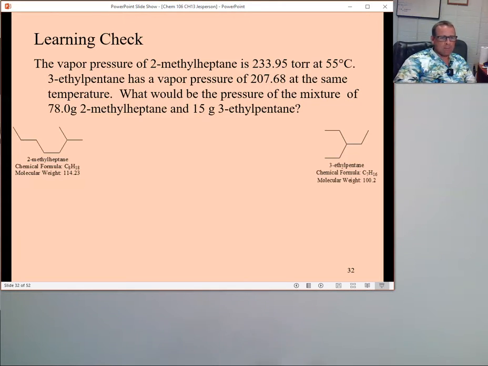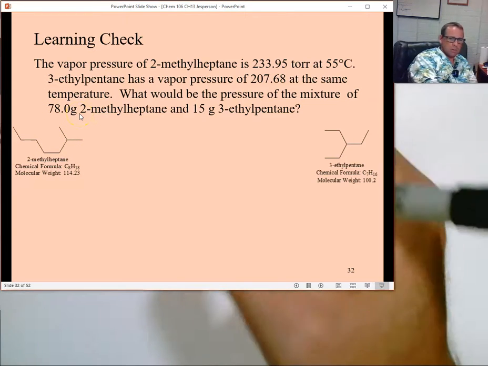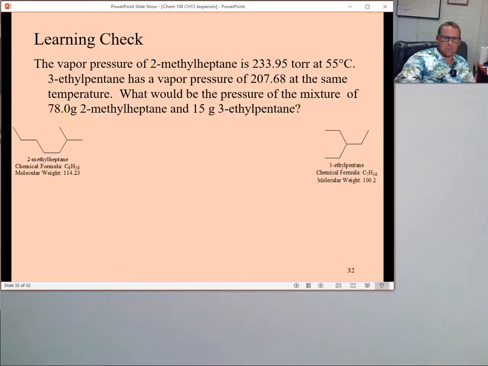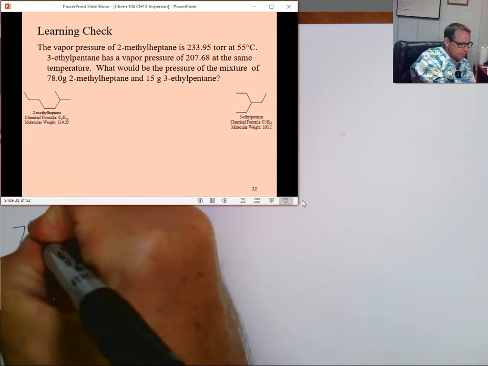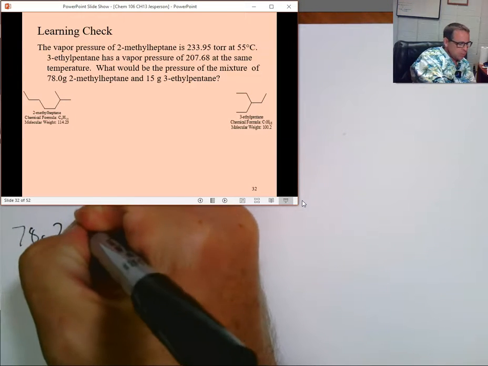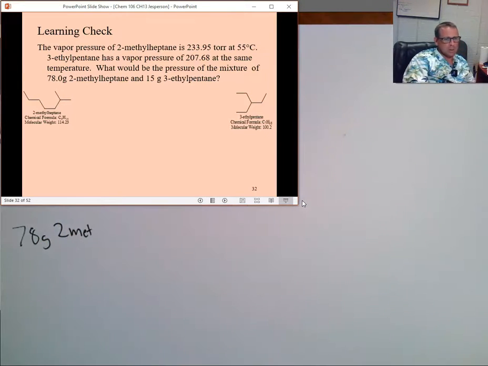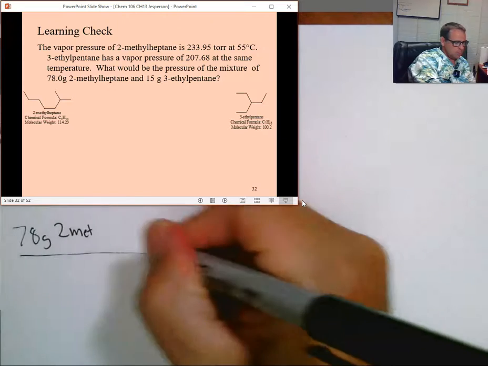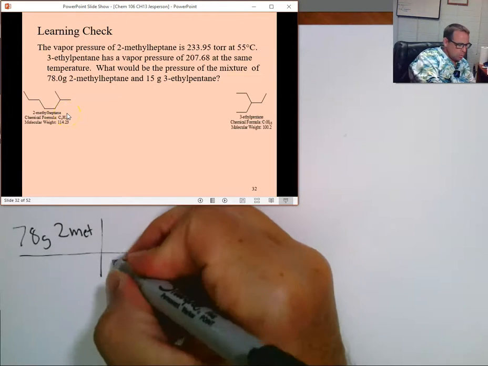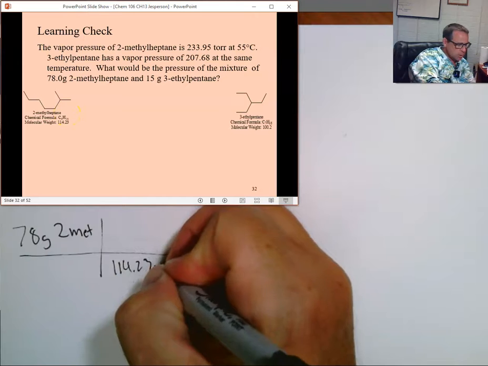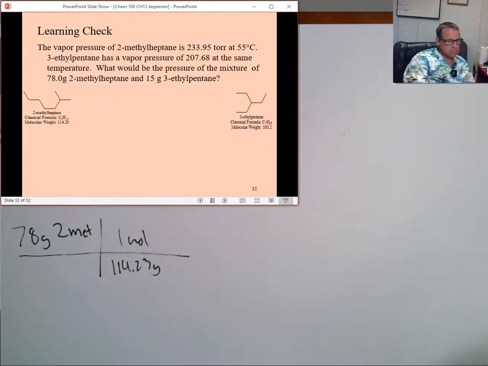So I can identify how many moles of 2-methylheptane I have. I have 78 grams of it. So if I make this a little bit smaller now for a second, 78 grams of the 2-methyl. All right. I have a molar mass of 114.23, 114.23 grams for every mole of that material.